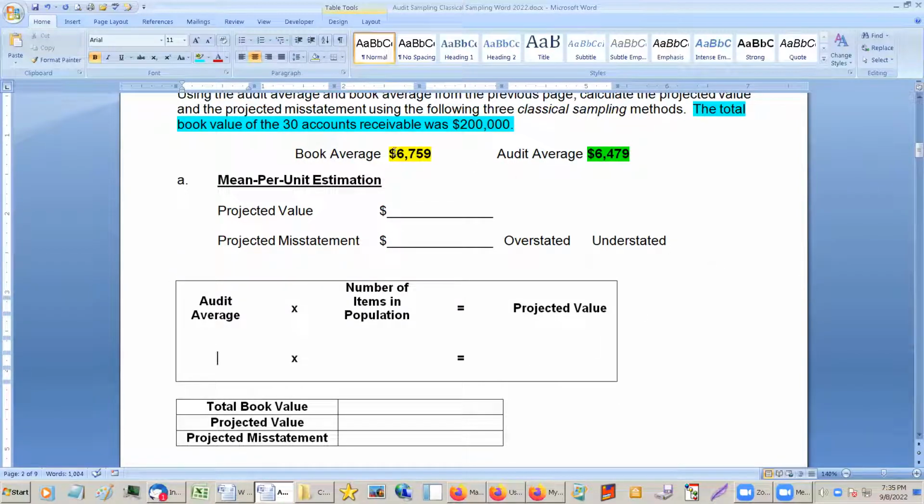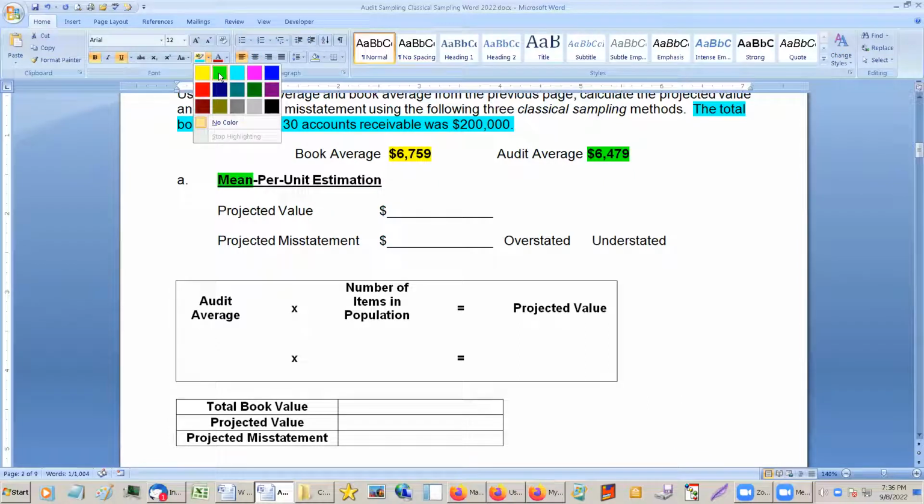Okay, so now the mean per unit. Mean just means average. So the question is, whose average do we want to use? The client's average of their amounts, or ours? And we're gonna use ours because ours are presumed to be what they call more persuasive.